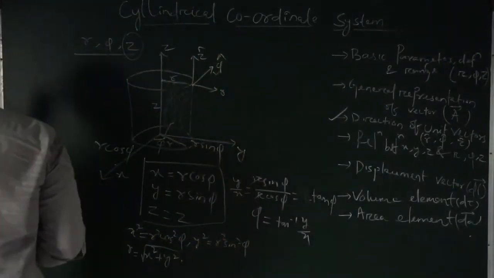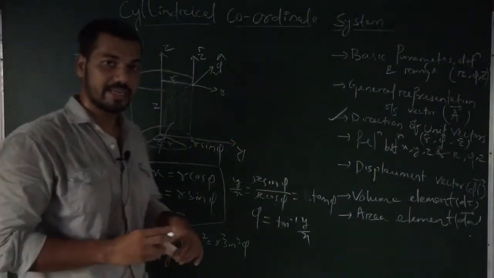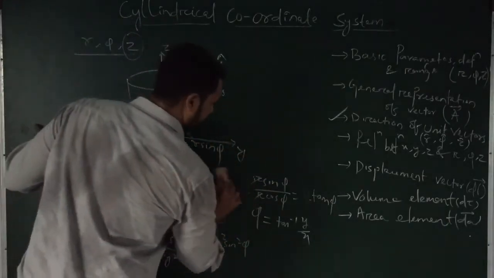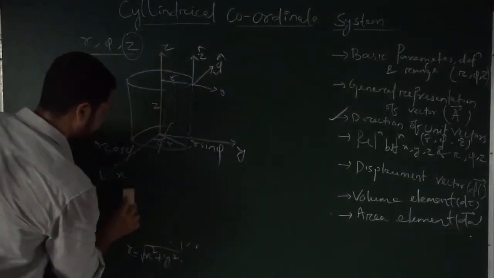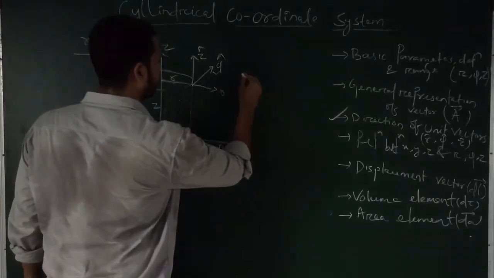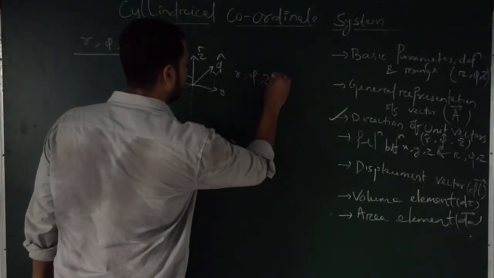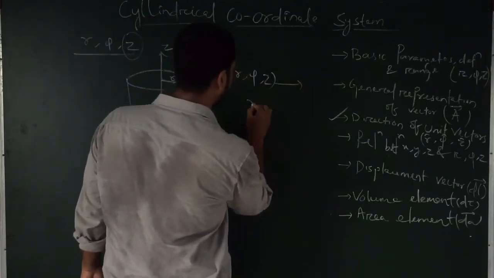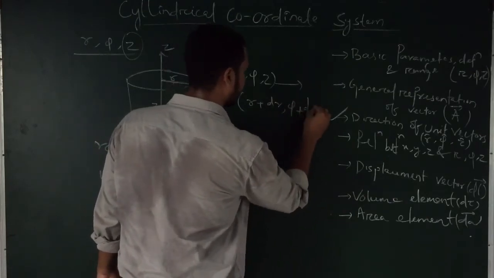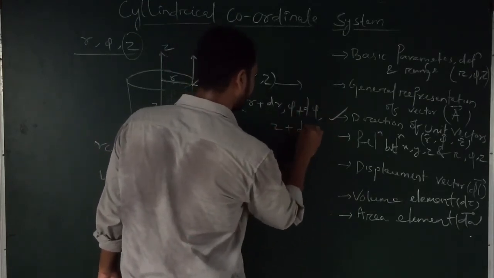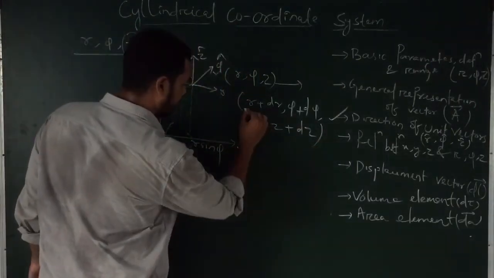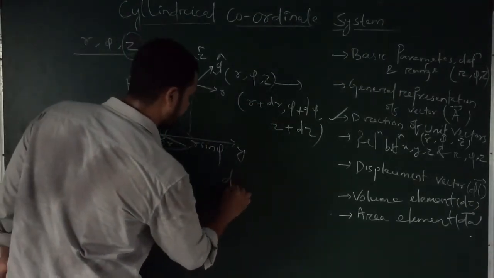So let's go for the elemental length of the displacement vector dl in case of the cylindrical coordinate system. If r, phi and z are increased by a quantity to r plus dr, phi plus d phi and z plus dz, we can find out the elemental length dl.